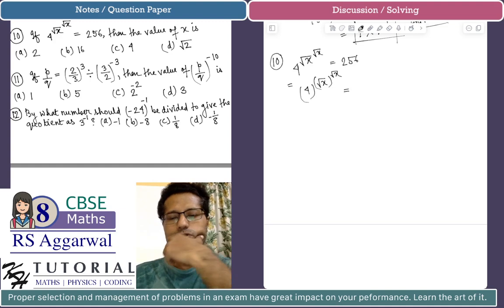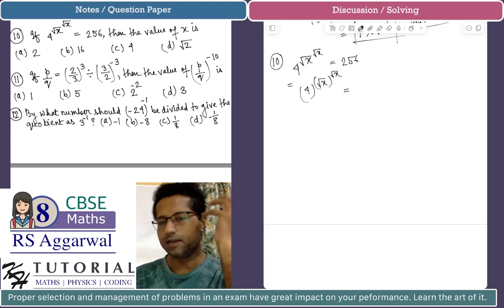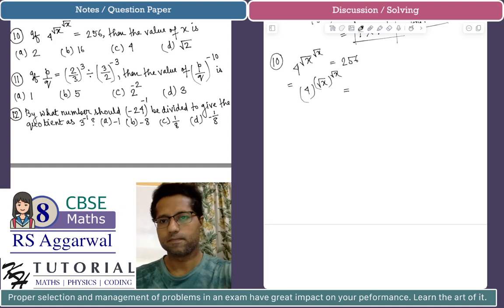Now, so this is what is going on. On the left hand side, it is an exponential form with the base 4, and what is the power? The power is again an exponential term, which is root x raised to the power root x. Now definitely, to solve this kind of problem, I can see the left hand side is an exponential term with the base 4.